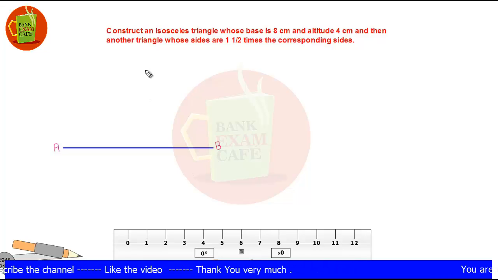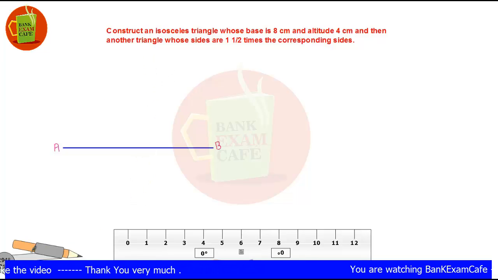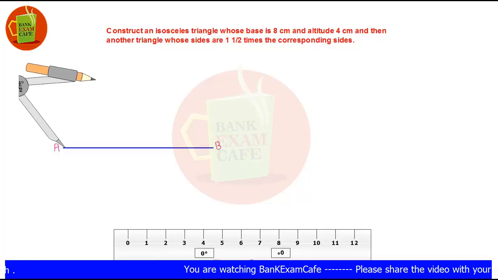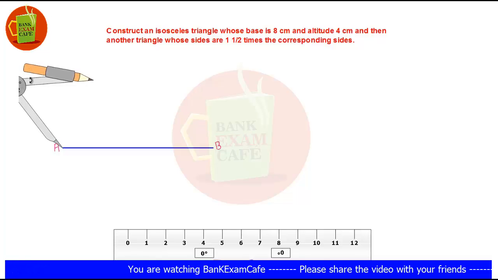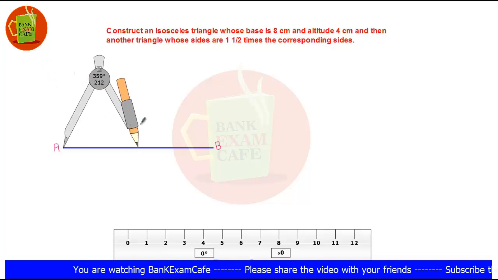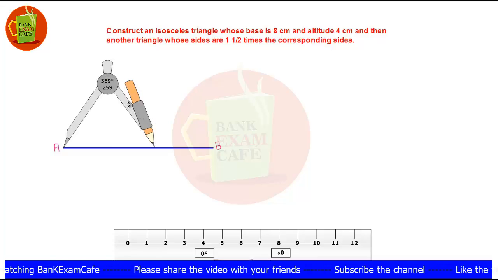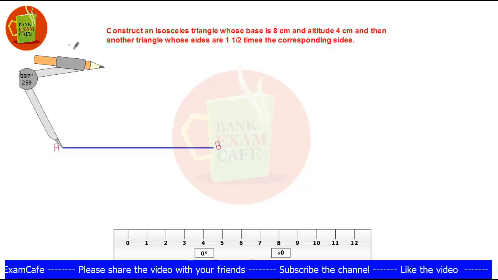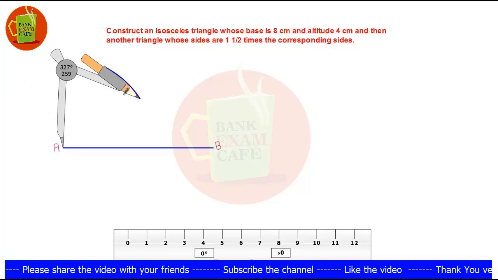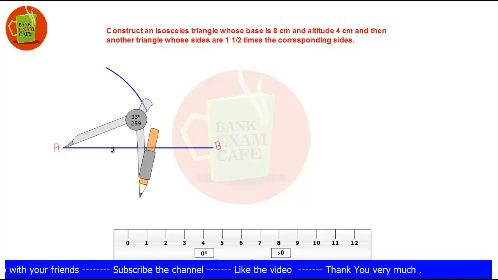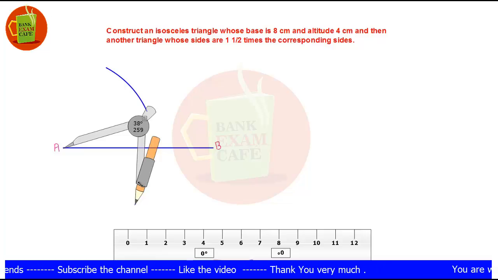Now draw a perpendicular bisector of AB. To draw a perpendicular bisector of AB, take A as a center and distance more than half of AB, draw an arc to the one side of a triangle and also draw an arc to the other side of the triangle.